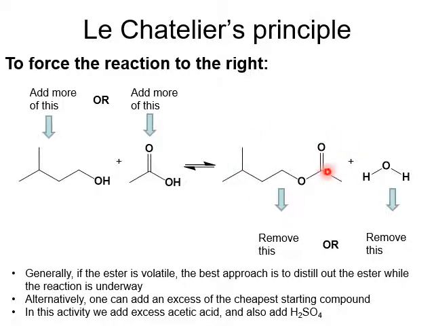Another way is using sulfuric acid to remove water. By removing the water, we will have more shift of the reaction to the right, and we will have the products.